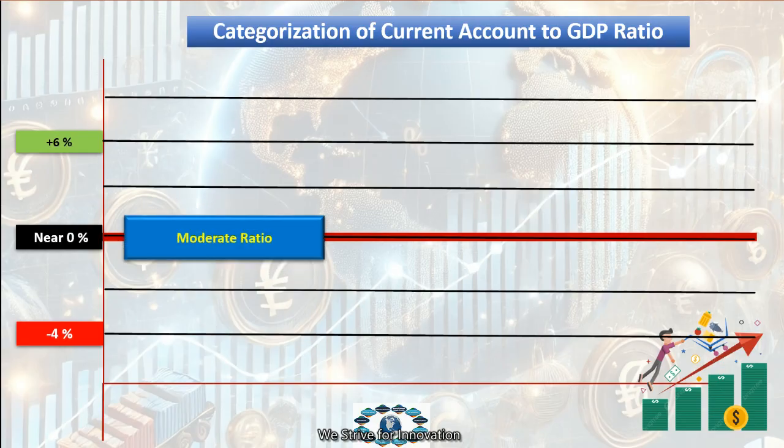When it is near zero, we call it moderate. Moderate means a ratio near zero suggests a balanced trade position, often considered, of course, healthy. Then if it is 6% and above, it is considered a high ratio, positive, or we call it a surplus, which usually indicates strong export performance.